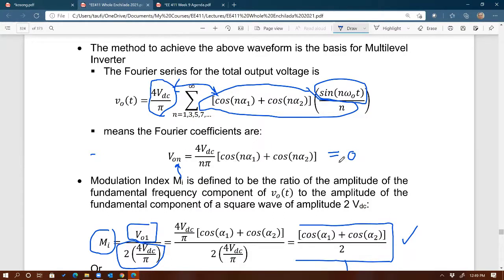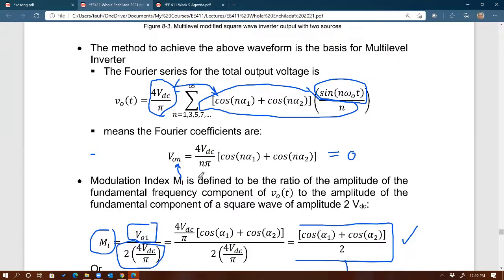So how do you get this equation to be equal to 0? Well, 4 times VDC is a fixed number. You cannot force it to be 0 unless the input is 0, but that's not the case. The input is non-zero, n is not going to be zero, and pi is a constant value. So the only part of the equation that we can force to be 0 is this part.